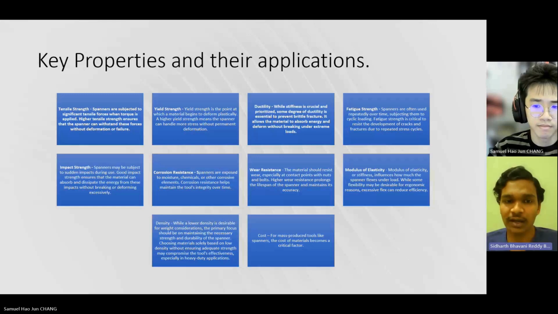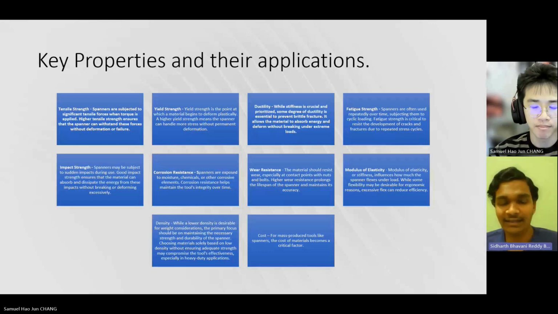It is important for the spanner to be resistant to corrosion as it is used in aggressive environments where it comes in contact with various pathogens and moisture. Wear resistance is another key property as it is directly related to the spanner's lifespan. A high wear resistance means the spanner can be used for a longer time, also reducing the cost of expenditure.